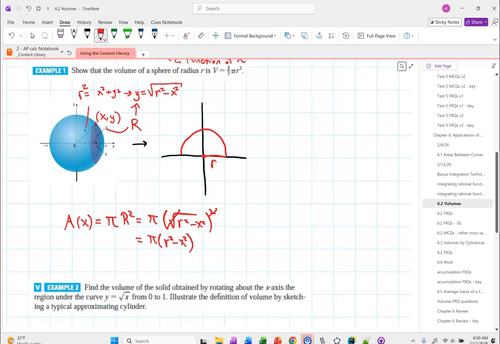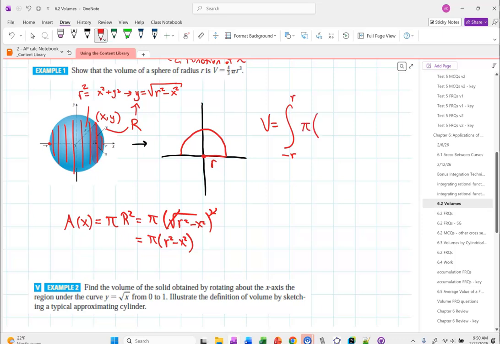Feel good? So our volume then is going to be the integral, where we're starting here, and we're going to slice all the way until we get to here. Everybody agree? How big are the slices going to be? Infinitely small, infinitely thin. That's what we're doing when we do an integral. Everybody's okay with that?